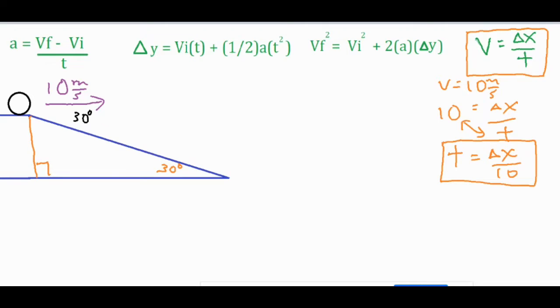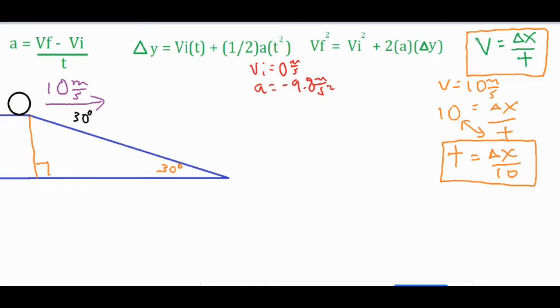Now, the second thing we're going to do is analyze stuff in the vertical direction. In the vertical direction, the only thing we know is that the initial velocity is 0 meters per second because it has no velocity directed straight up or down. And there is an acceleration in the vertical direction because of gravity, which is always negative 9.8 meters per second squared. Other than that, we're pretty slim on variables there.